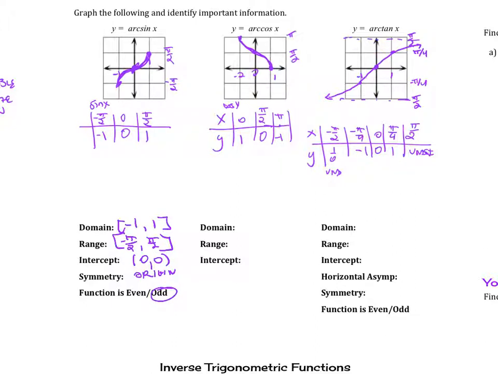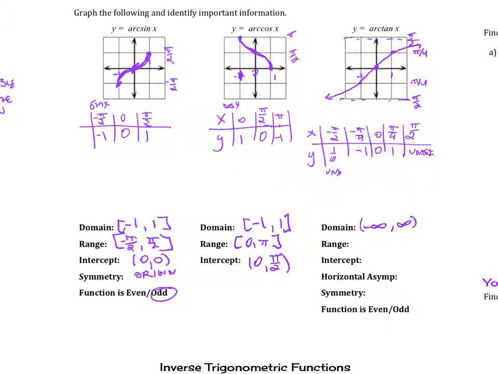For arc cosine, the domain is between negative 1 and positive 1. The range is between 0 and pi, and the y-intercept is at 0, pi over 2. For arctangent, the domain is negative infinity to infinity. We have all x values.